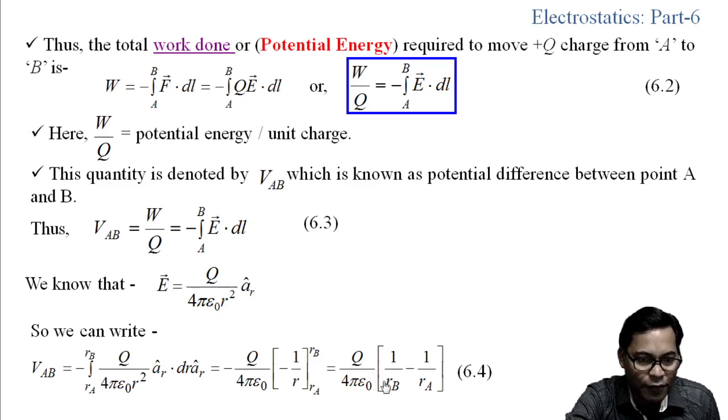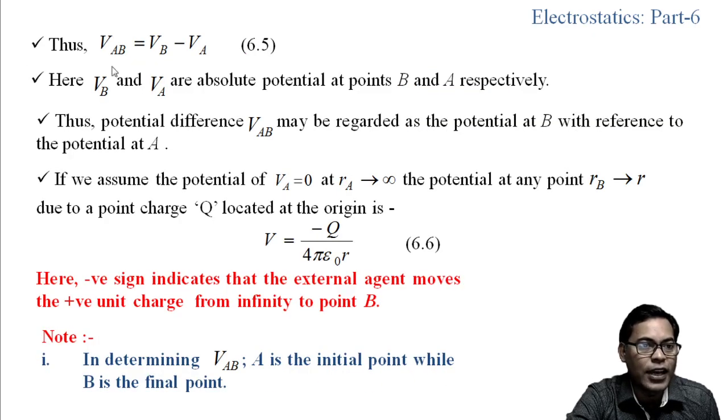Now you can see that the first term, if we multiply with Q by 4 pi epsilon naught, we will get Q by 4 pi epsilon naught RB, and the second term gives Q by 4 pi epsilon naught RA. So the first term is called the absolute potential of the point B, and the second term is called the absolute potential at the point A. So VAB, ultimately we are getting VB minus VA.